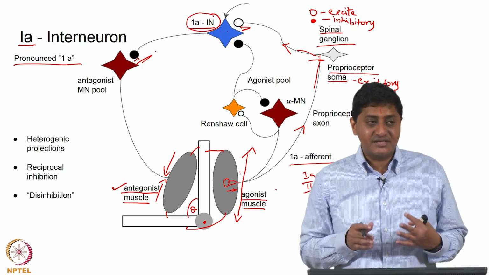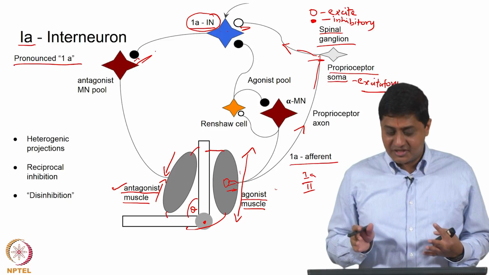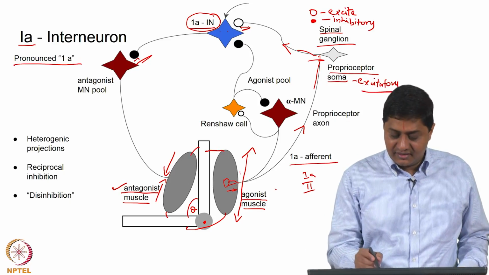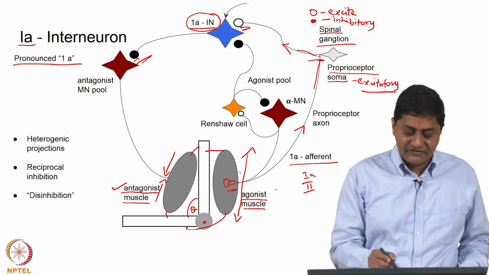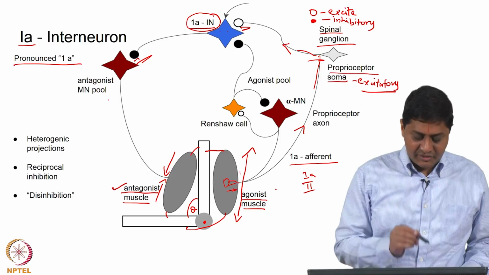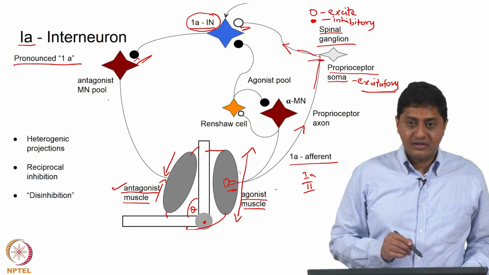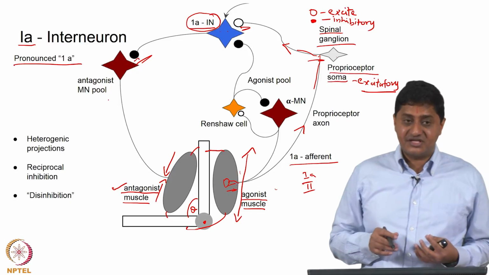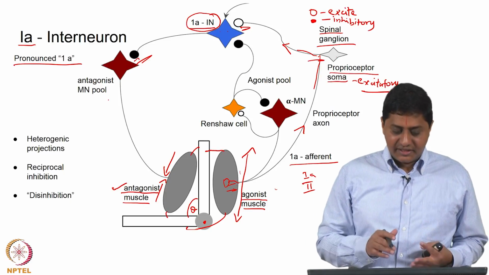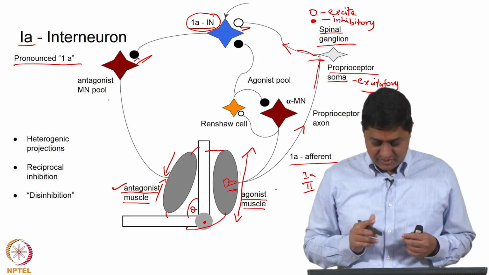The proprioceptor neuron just detects the amount of stretch. So, as soon as the stretch comes, it sends the excitatory information to the 1A interneuron, which further sends an inhibitory information to the antagonist motor neuronal pool. So, regardless of what the source of stretching is, the antagonist motor neuronal pool will get inhibited to some extent.